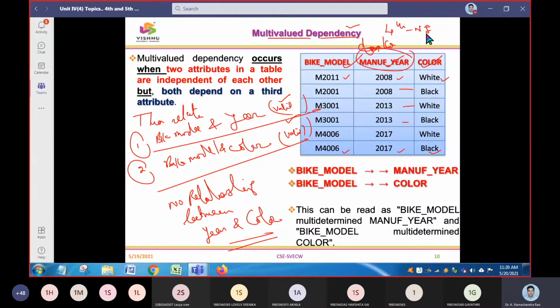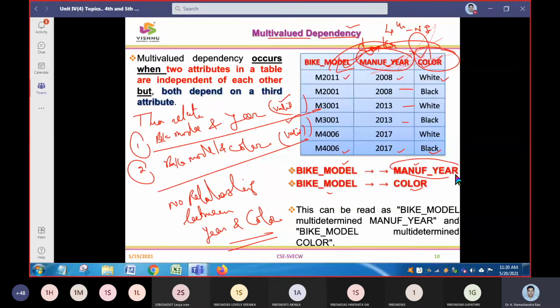But manufacturing year and color, when they are taken up, they will give the bike model. That means manufacturing year is fully functionally dependent on bike model. Color is fully functionally dependent on bike model.